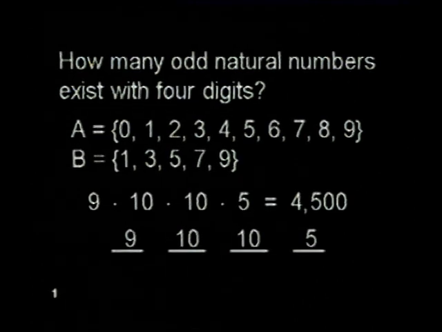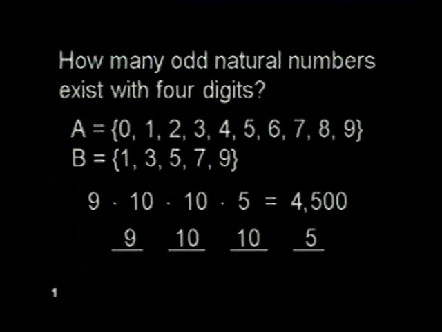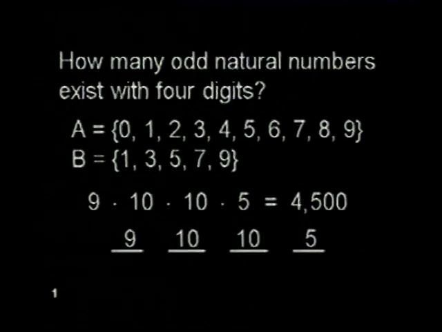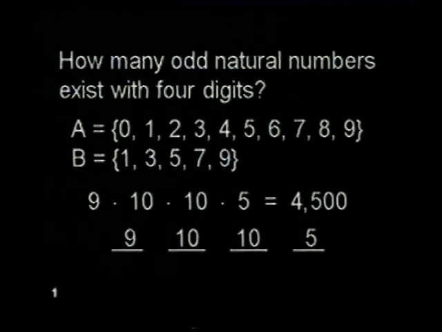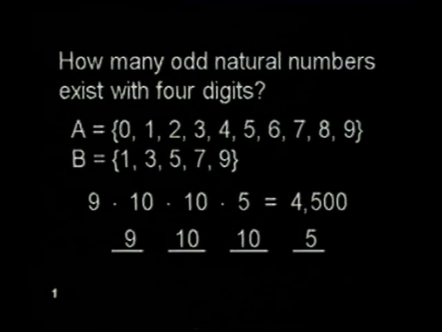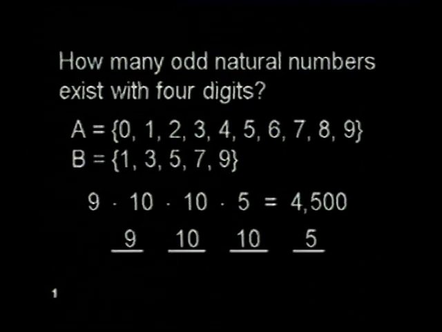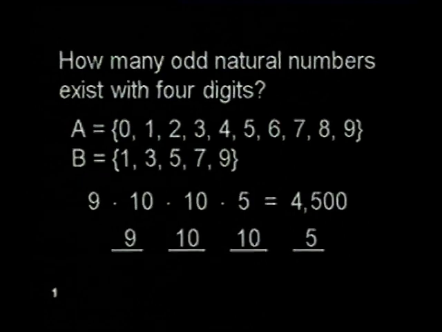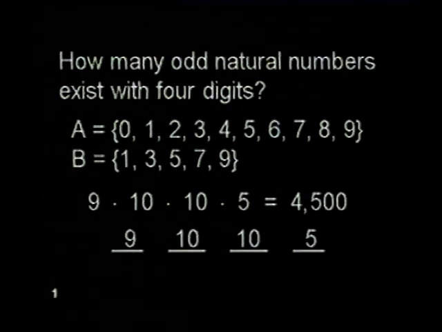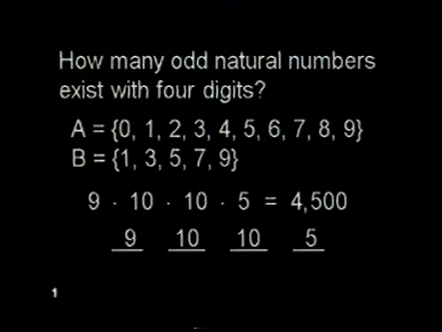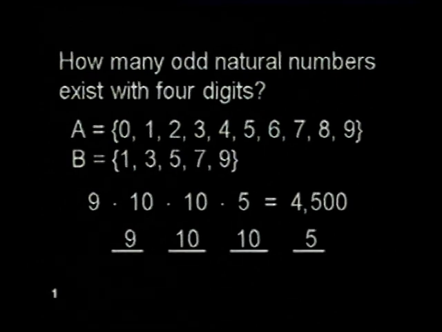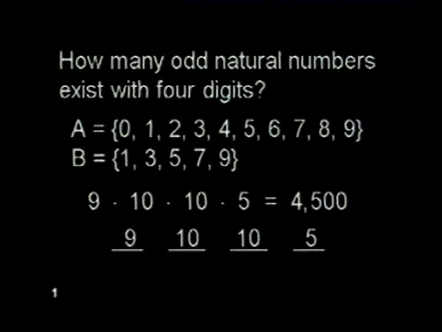Now that we have determined how many possible elements can be used for each digit, we simply multiply. 9 times 10 times 10 times 5 equals 4,500. You may use a calculator for these computations. Therefore, there are 4,500 odd natural numbers with 4 digits.